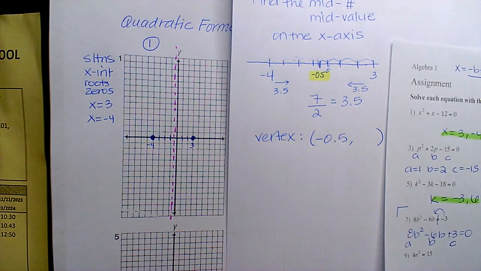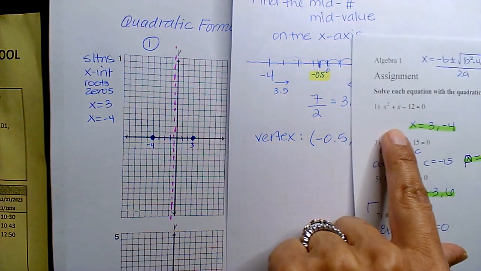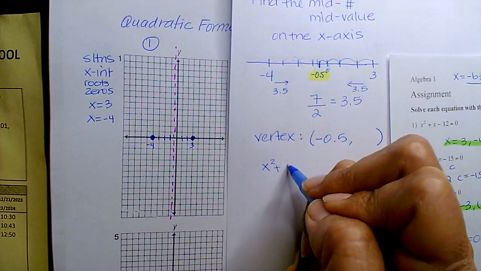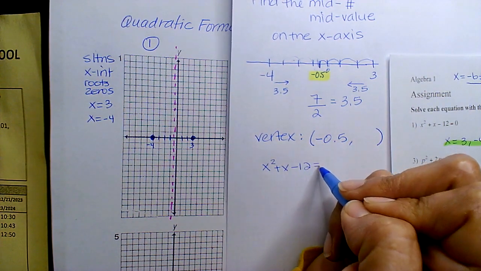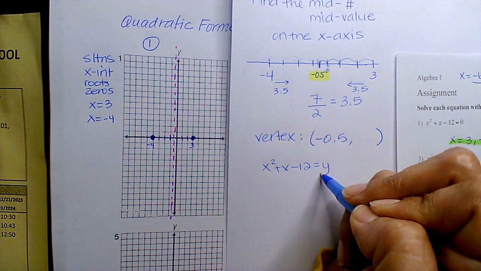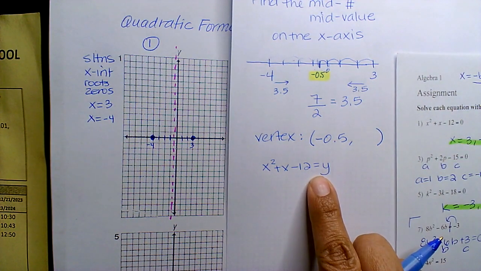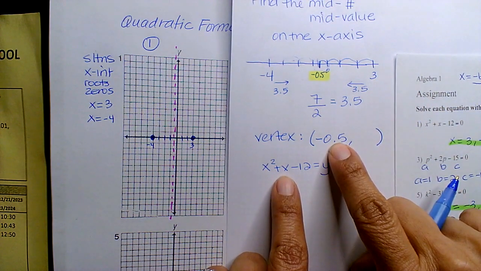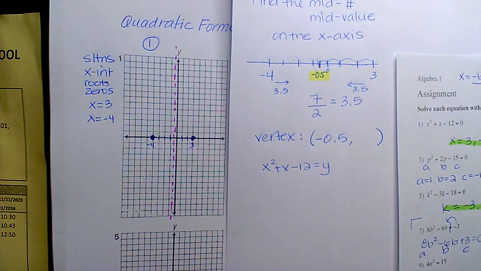Okay, well, in the very first problem, this is the function they give us. So the quadratic is x² plus x minus 12 equals 0. Instead of 0, put a y and find out what y is. How do I find out what y is? Plug in that -0.5 where you see an x.